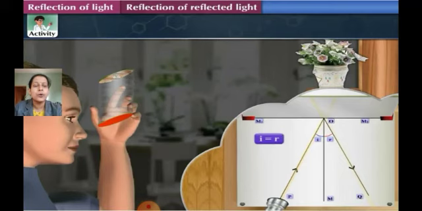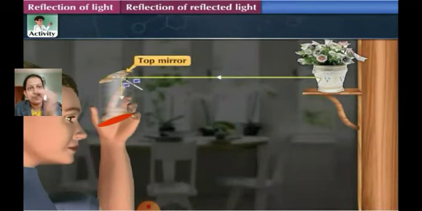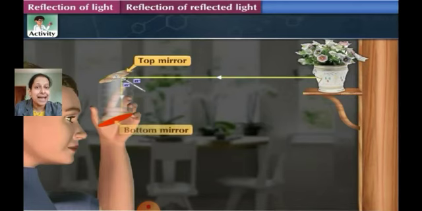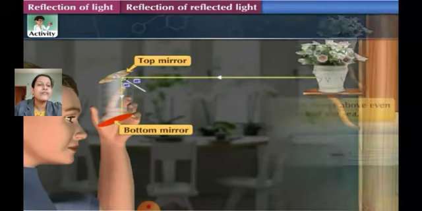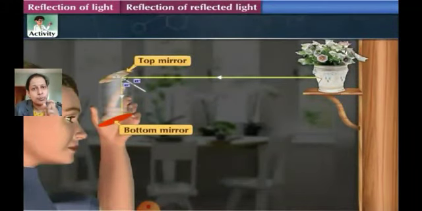So here also, the ray of light which is coming from the top mirror, since it is placed at an angle of 45, will be moving at the same angle to the bottom window, and therefore the image will be formed exactly at the same angle, and this image will be formed on the eye of the person. So this is how a periscope works.